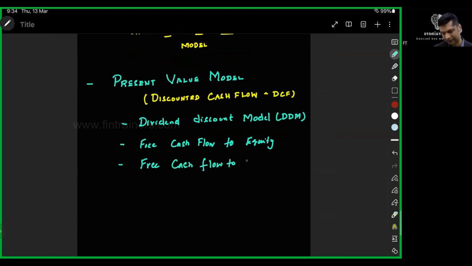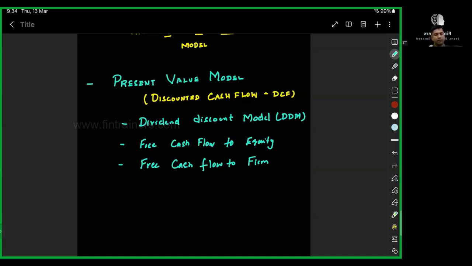What's the difference between the second and the third, free cash flow to equity versus free cash flow to firm? What is the difference between the cash flow to equity holders and cash flow to firm? See, the one major difference is interest expense. It is before you pay the interest and any debt service.